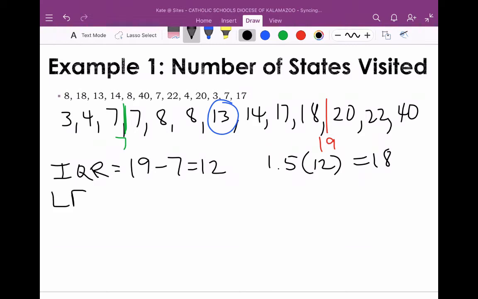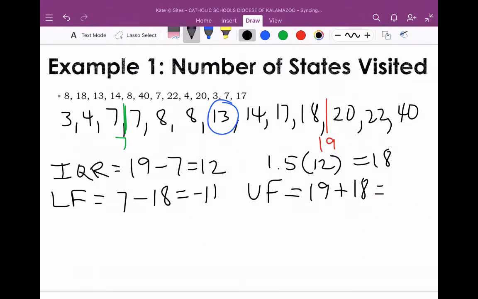So then my lower fence is equal to my Q1, 7, minus 1.5 times the IQR, 18, and I get negative 11. Our upper fence is our Q3, 19, plus 1.5 times our IQR of 18, and I get 37.